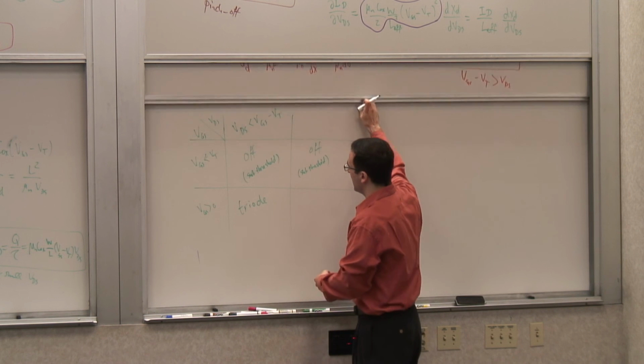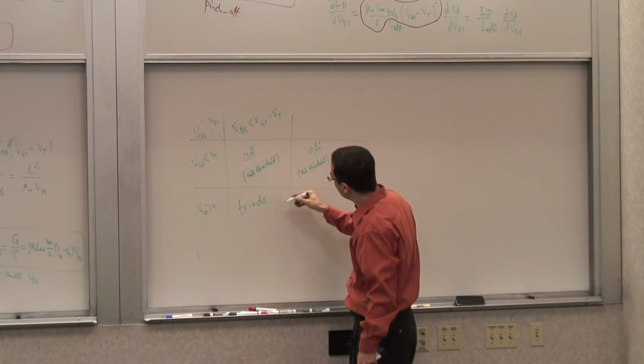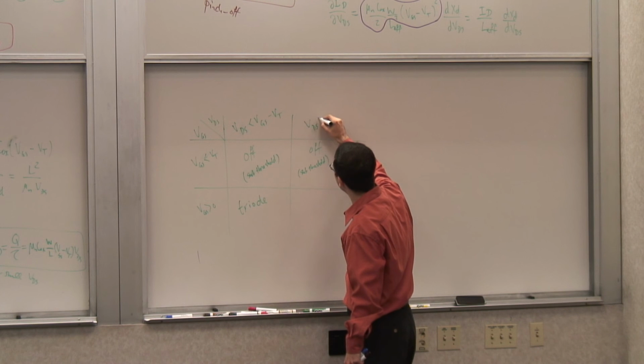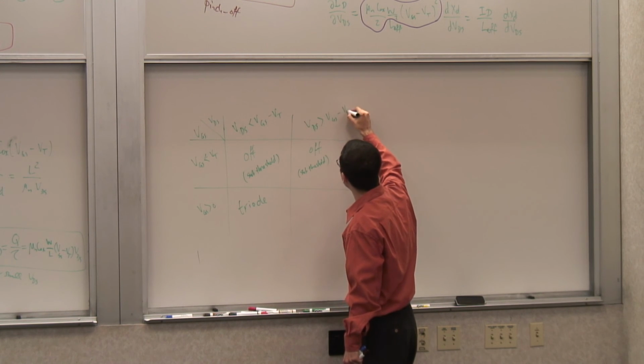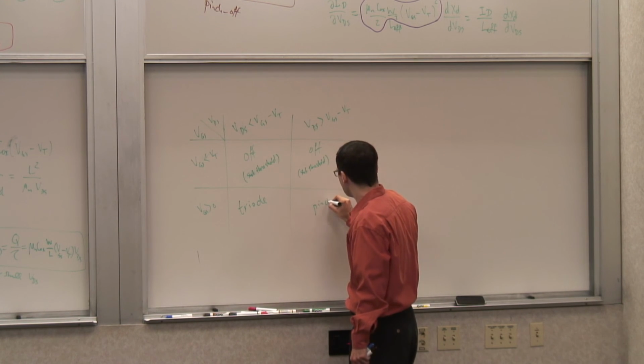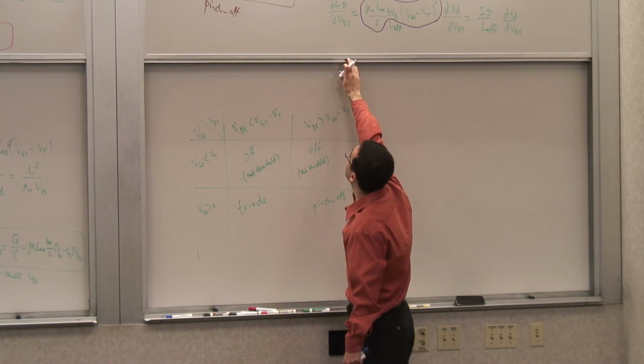And if VDS is large enough, then we can have a pinch off. We are in the pinch off region, and we have this expression.